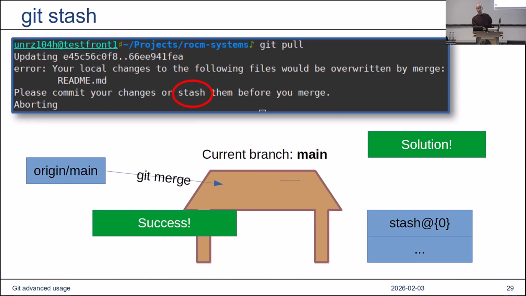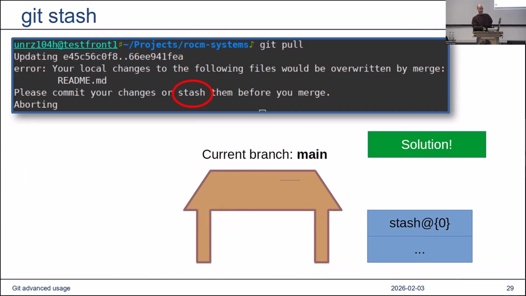You can do your git pull or your git merge, doesn't matter. It works. And then afterwards, you can do a git stash pop and restore the state again. The reason it works is that you create a temporary commit on the stash, and then you merge the content of that stash back into your working tree.